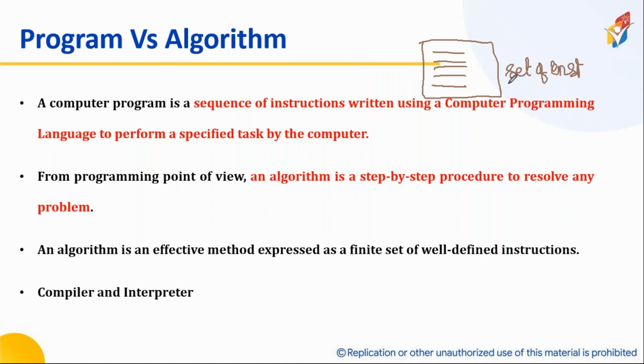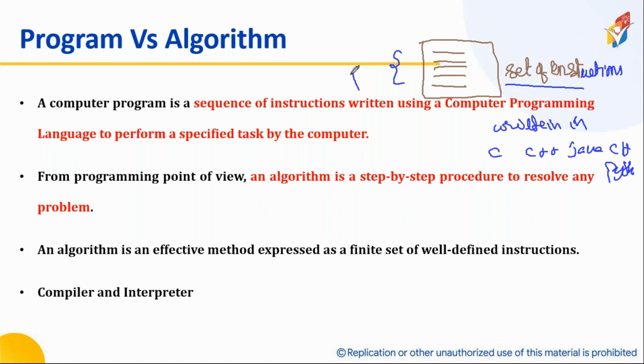A program is nothing but a set of instructions written in either C language or C++ or Java or C#, or it may be Python. Once again, I'm repeating: a program is nothing but a set of instructions, also called a sequence of instructions, written in any programming language.